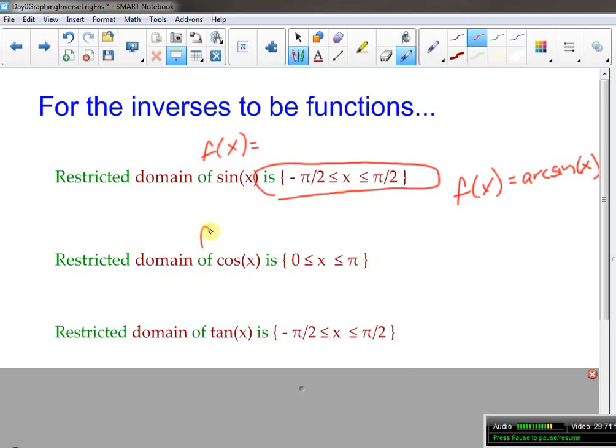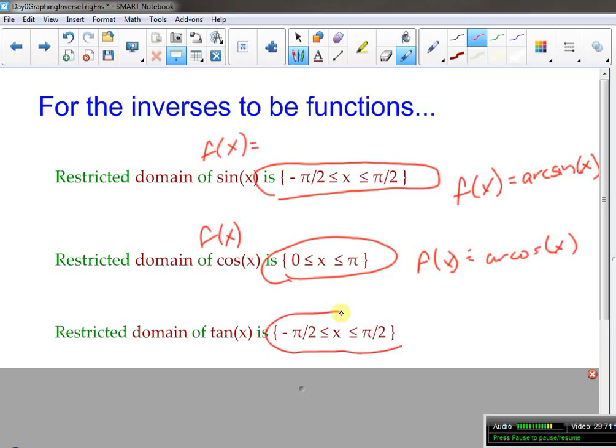If we start off with f of x equals cosine, as long as we only take the piece in between 0 and pi, then we can say that arc cosine will be a function. And we will be working with these functions, so we're going to have to memorize these restrictions. For the domain of the tangent, if we take only this piece of the tangent function, then we will have a function for the arc tangent.